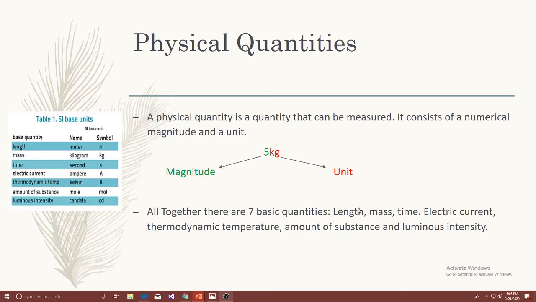Now you see this table, we see length has its SI base unit as meter and it has the symbol of M. Same with electric current, it has the SI name of ampere and the symbol of capital A. Now we will have to learn all of these because these are very important. We also have to learn their names and their symbols.